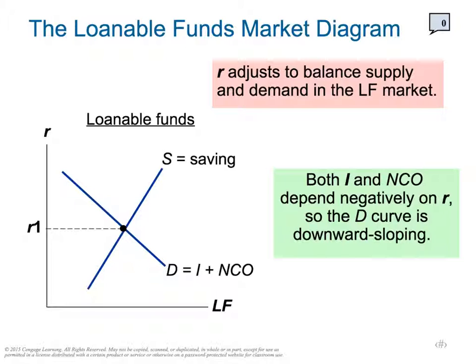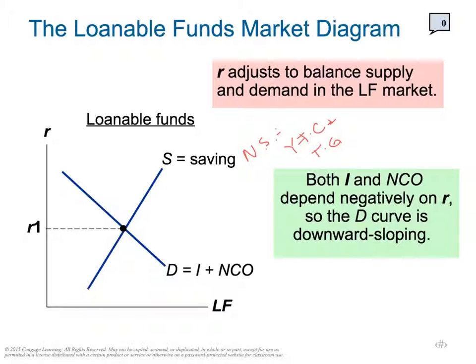Okay, first of all, we're going to start with the loanable funds diagram. As we said before, the supply in the loanable funds diagram is our national savings that we talked about in previous chapters, which is made up of private savings, GDP minus taxes minus consumption, plus public savings, which is taxes less government spending.